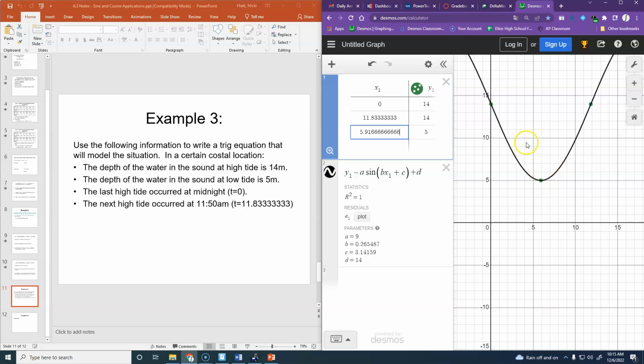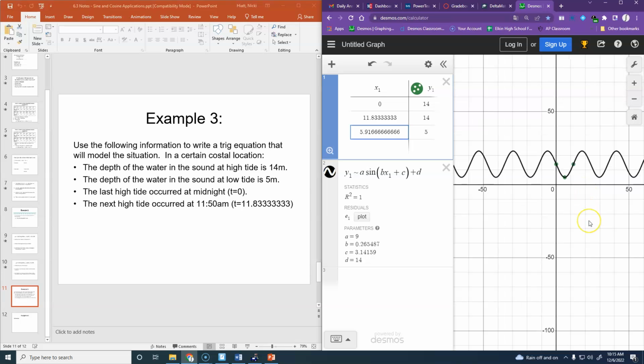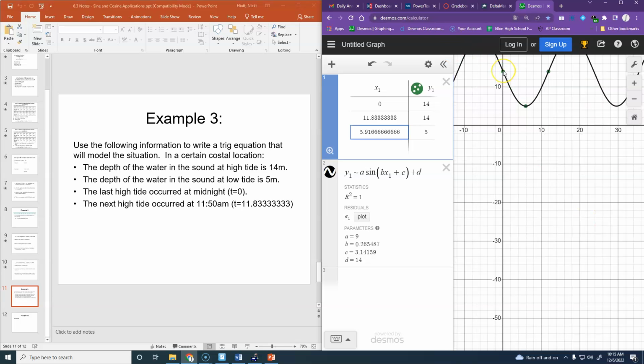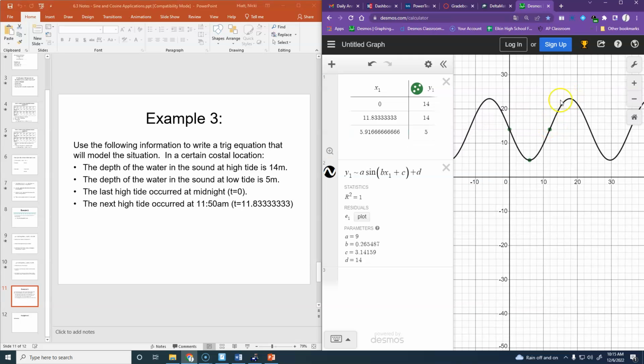We've got these points right here, but does that look like a good graph for what we're looking at? It does not, because this should be high tide, right? We should have maximum points right here at these points instead of that. This graph is done like that's the midline, and it has high tide way up here at like 23.